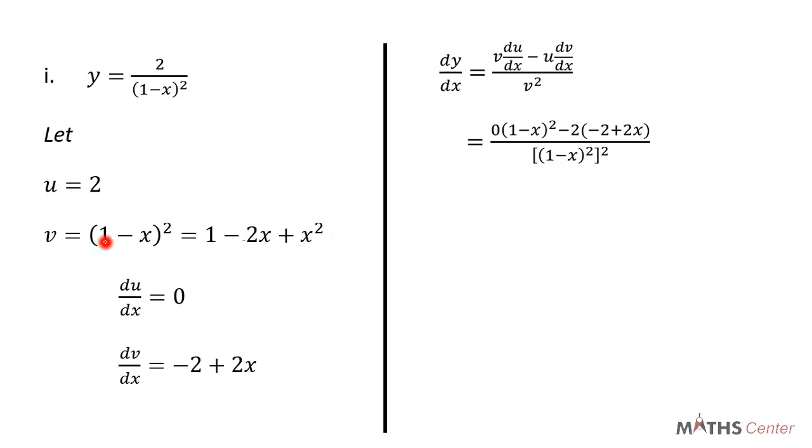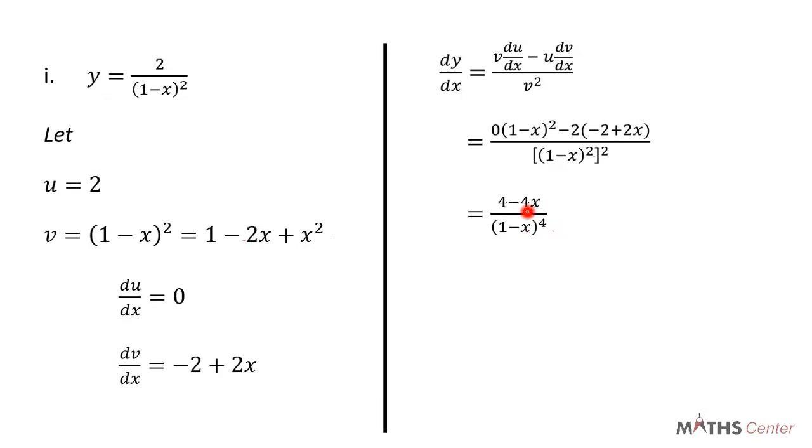Remember, v is 1 minus x squared, so (1 minus x squared) squared. Okay. When you simplify what you have on the numerator, you have 4 minus 4x. On the denominator, you have (1 minus x) squared squared, and that gives us (1 minus x) exponent 4.